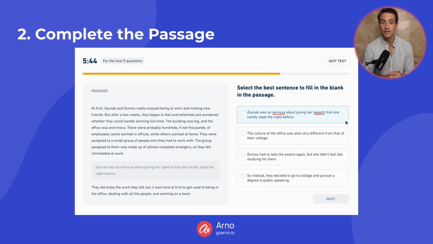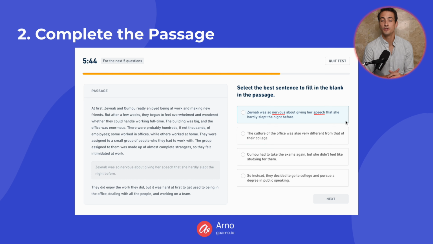However, you still want to be sure to read the option and understand it and just think, does this make sense to go in between the old part and the new part? So, Zainab was so nervous about giving her speech that she hardly slept the night before.